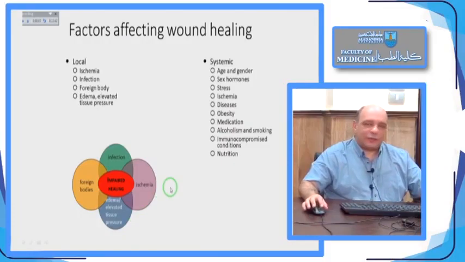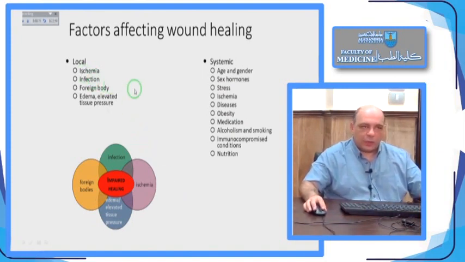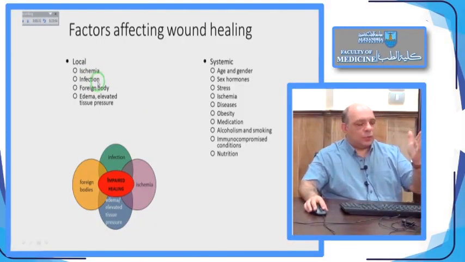There are many factors that affect wound healing, of course. Some of them are local, some of them are systemic. The local factors are ischemia, of course. If there's no blood supply here, or deficient blood supply, of course all this process will be affected. Infection will delay it. You become stuck in the first stage.